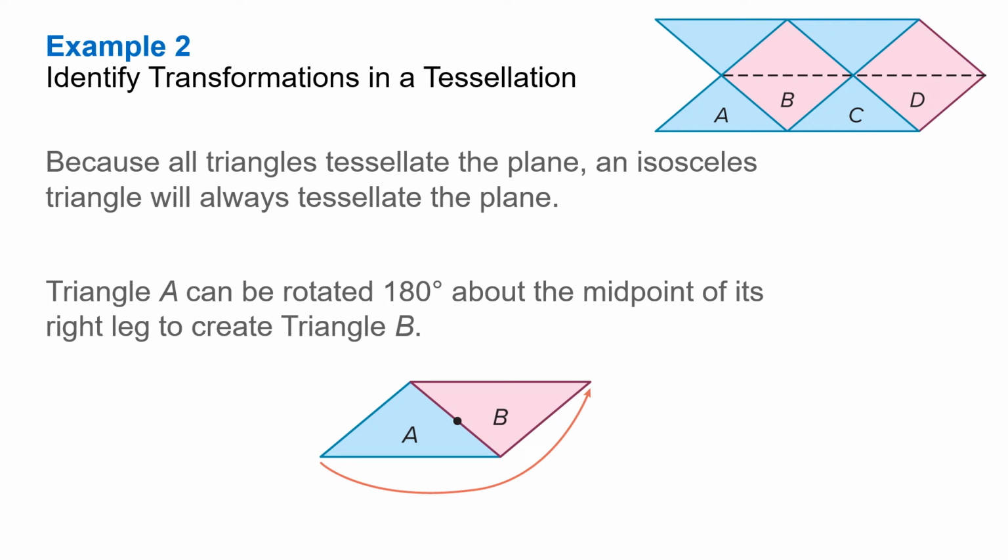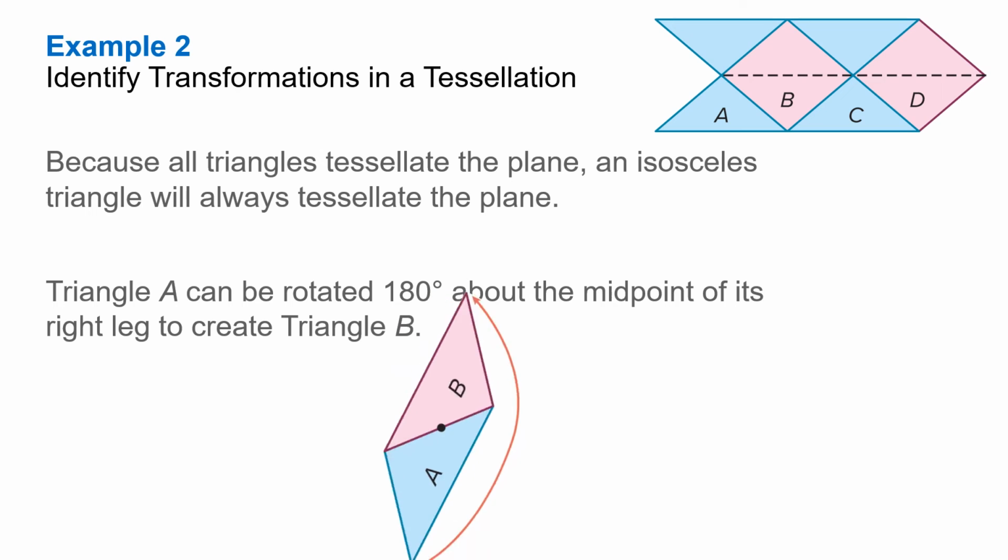So we're going to look at how this figure was created using transformations. If we look here at triangle A and B, we see that this set of triangles is rotated about the midpoint of the side they share.